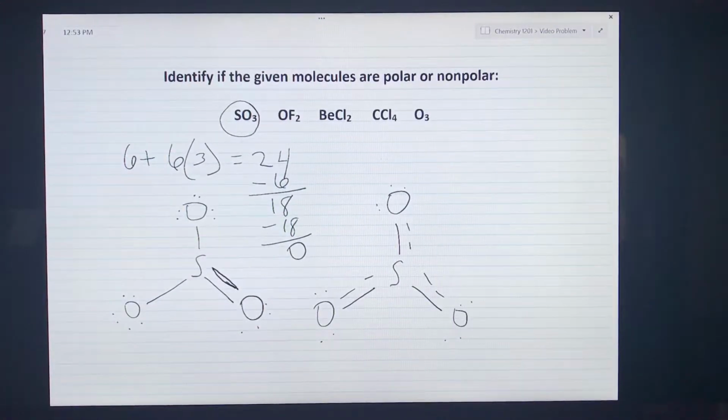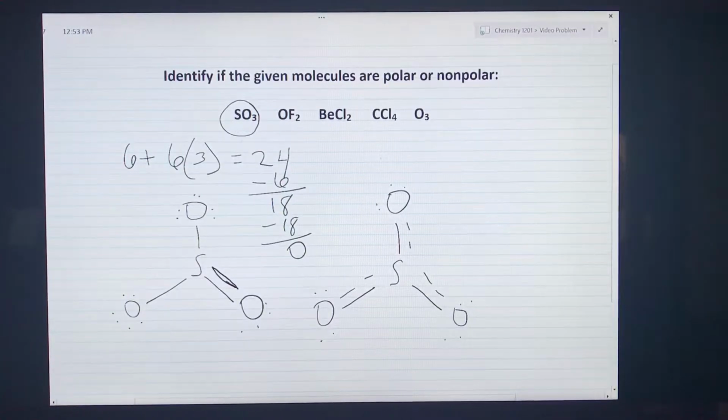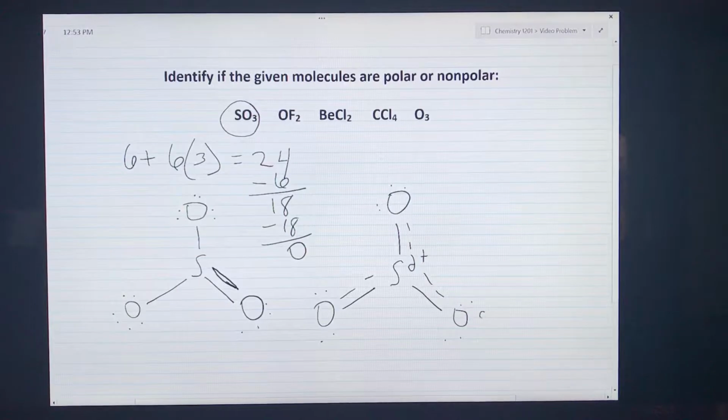So as I said before, S has the more partial positive charge, and oxygen has the more partial negative charge.